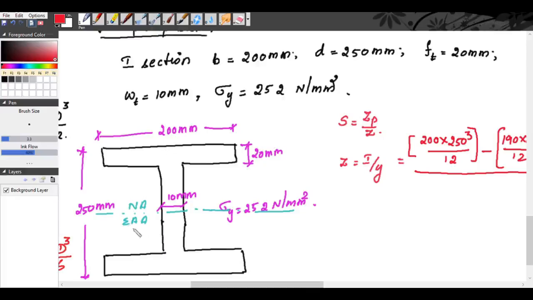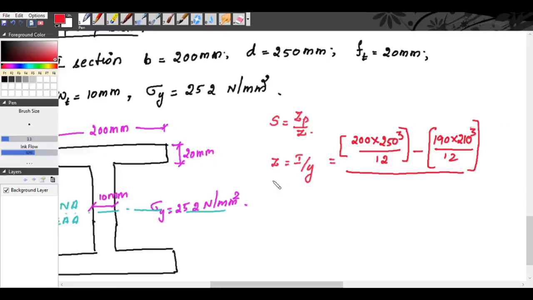Totally it is 250, so 250 divided by 2, 125. Y is 125. So we get Z is equal to 910.273 into 10 cube mm cube.